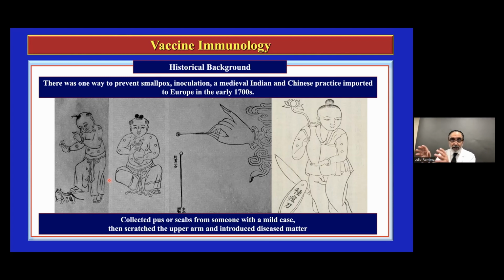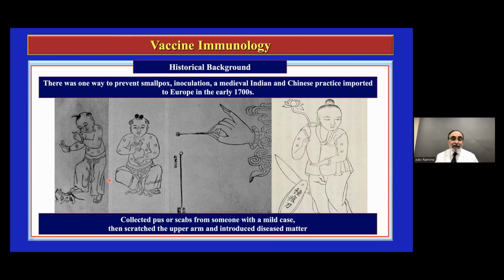Remember that bacteria were discovered in the 1800s and viruses in the 1920s. We didn't even know what the cause was, but they knew that this was bad. You look bad, let me get something bad from you and give it to another person. Then you have a controlled case of smallpox, and once you have smallpox, you don't get the disease again.